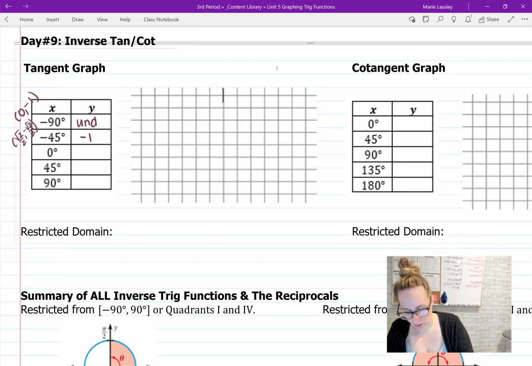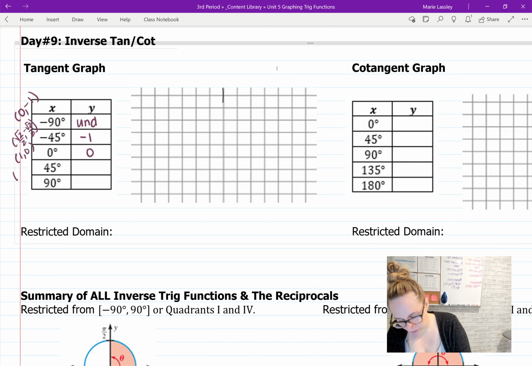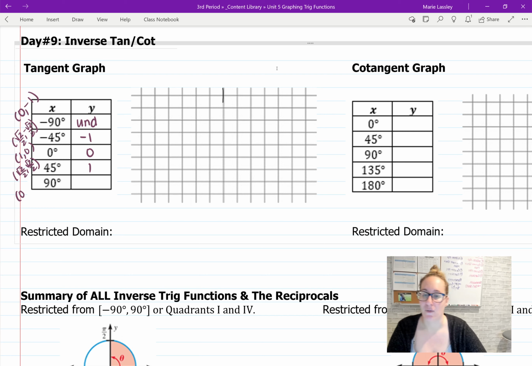At 0, our coordinate is 1, 0. When we do y over x, we get 0 over 1, which is 0. 45 degrees is positive √2 over 2, positive √2 over 2, which simplifies to +1. And then 90 degrees is 0, +1, which when you do y over x is undefined.